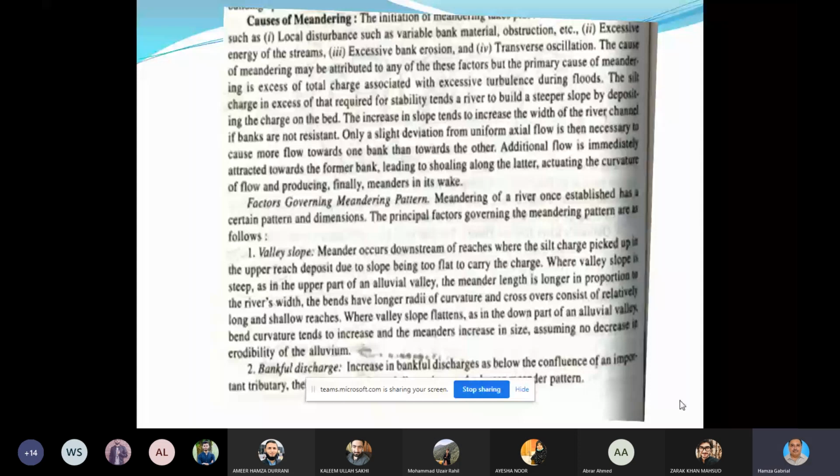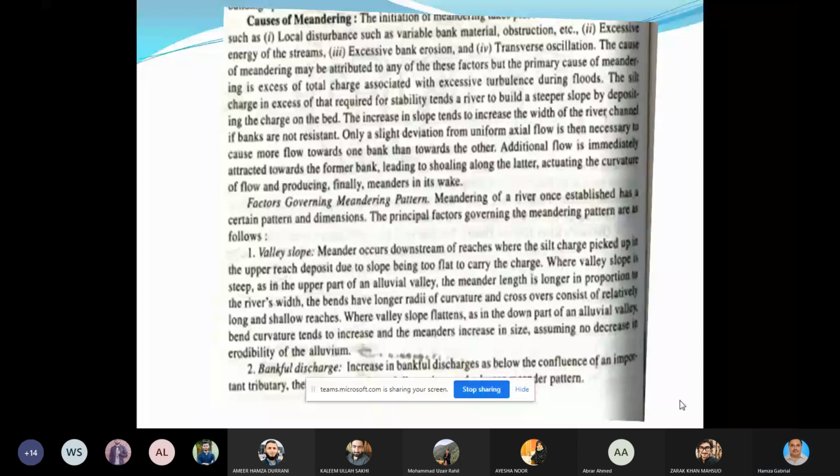Where the valley slope flattens, almost flat, as we observe in the downstream side of the alluvial valley, the curvature tends to increase and the meandering patterns increase in size. So you will see more meanders where the valley slope keeps on flattening, and fewer where there is less slope.